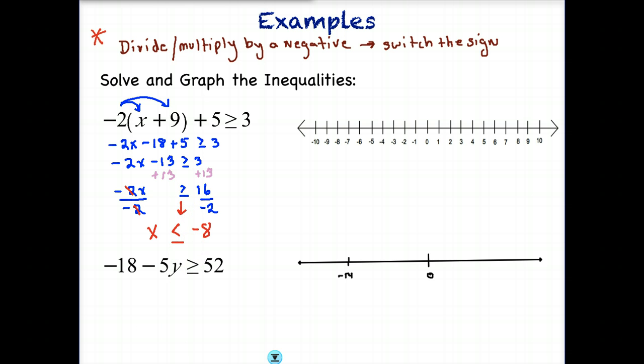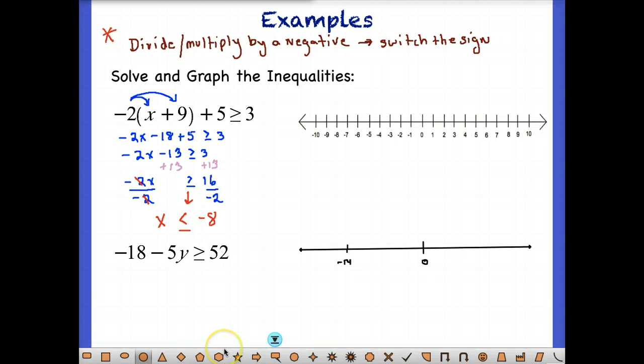Okay. In order to graph this, if you don't remember, we need to only plot one point, so it's kind of nice. We are going to plot the negative 8, and I need to have a closed circle because it's less than or equal to negative 8. So I'll make a closed circle here at negative 8.